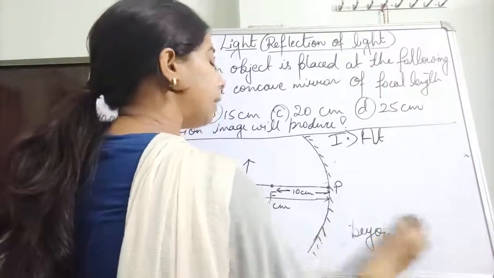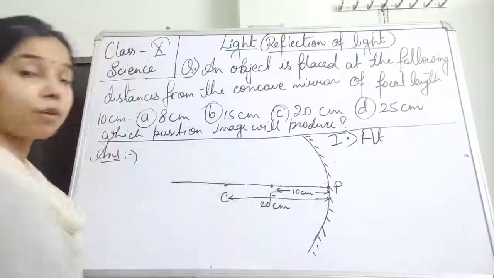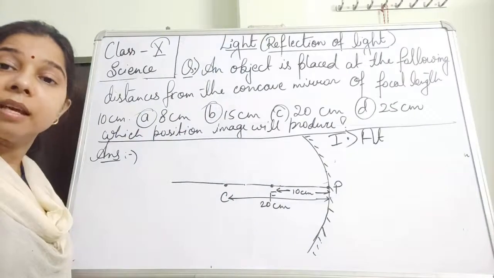At 20 centimeter, what does that mean, students? We know that the distance from the pole to the center of curvature is 20 centimeters.